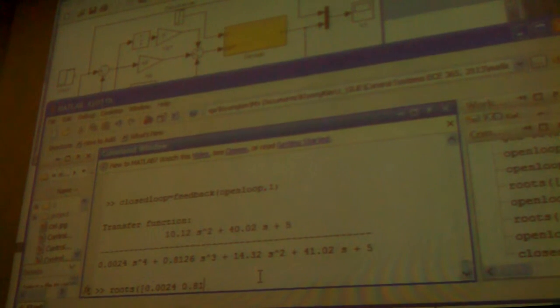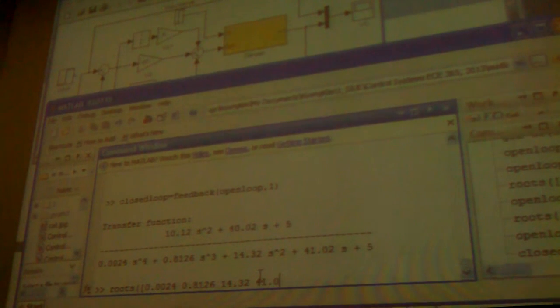So the coefficients are 0.04, 0.24, 1.26, 14.32, 41.02, and 5.